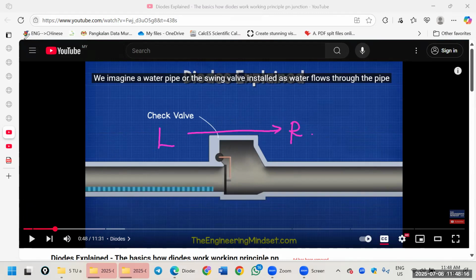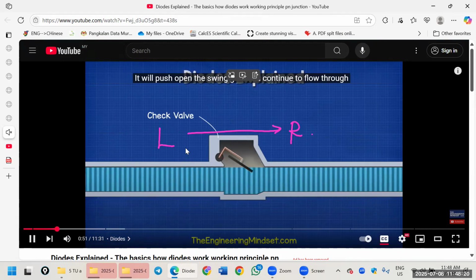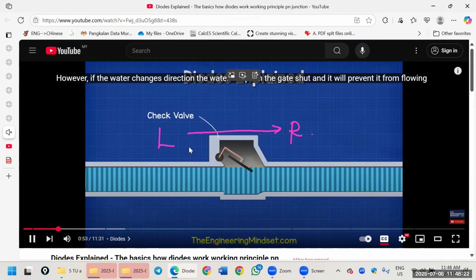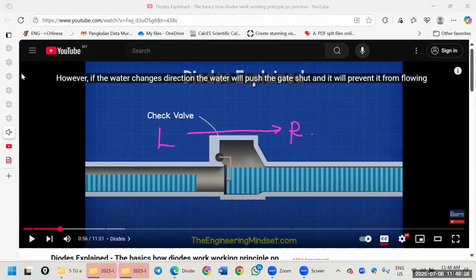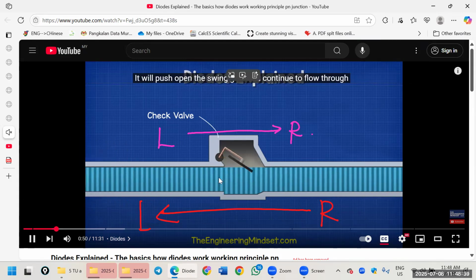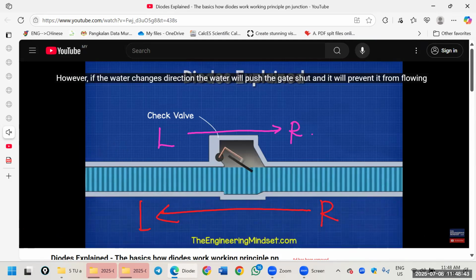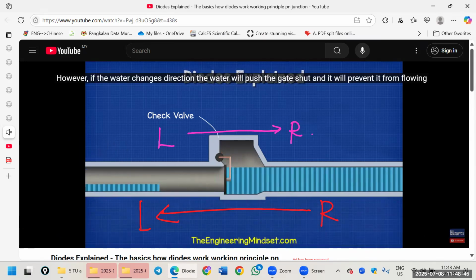So yes, it can flow. Current is like water, okay? Now, if the current flows from right to left, then the valve will close back. Then it closes.